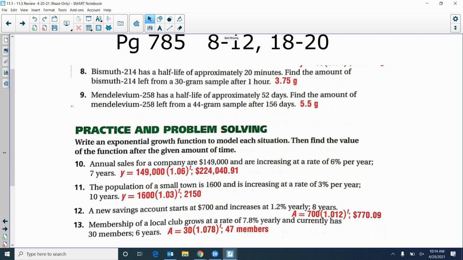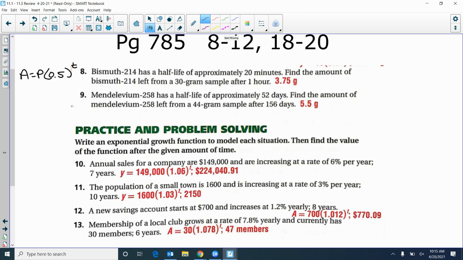All right, for these two, the formula for half-life is A equals P times 0.5 to the T. T is the number of half-lives. In this case, each half-life is 20 minutes. How many half-lives will have elapsed after 1 hour?